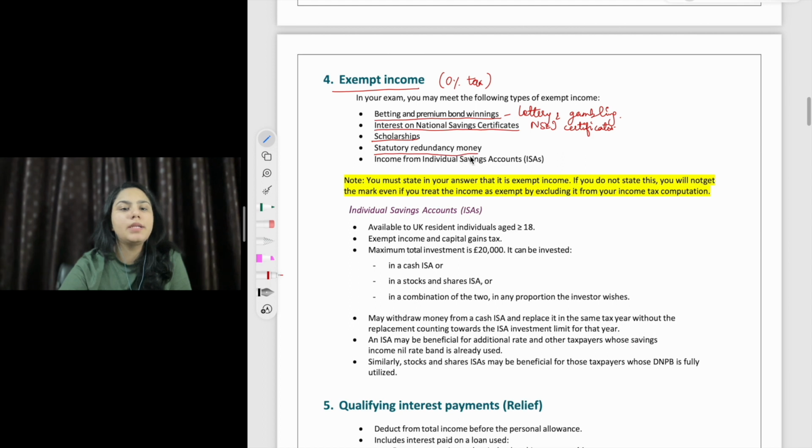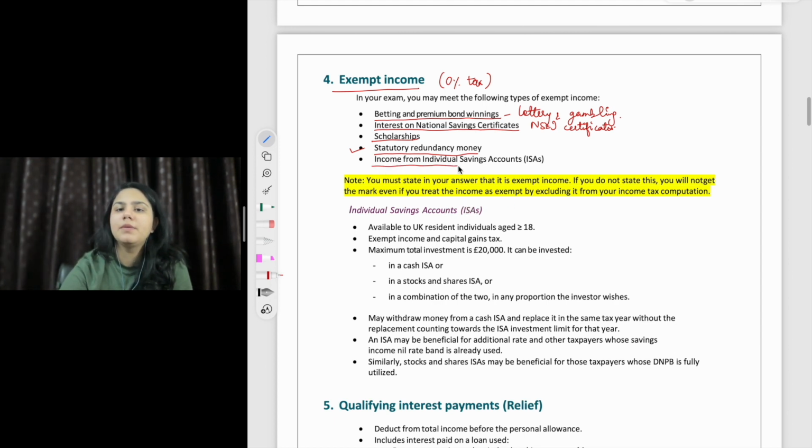Statutory redundancy money: when an employer removes an employee from the organization without their own fault, or because the job is no longer required, they are required to give the employee a fixed redundancy money, which is legally required for them to pay to the employees. That is also tax free from the employees' perspective, because they are receiving the money.